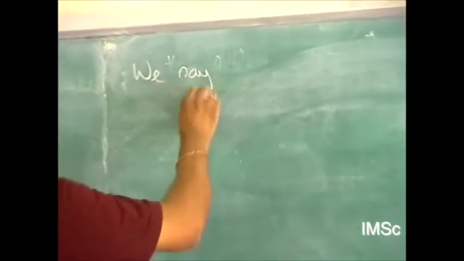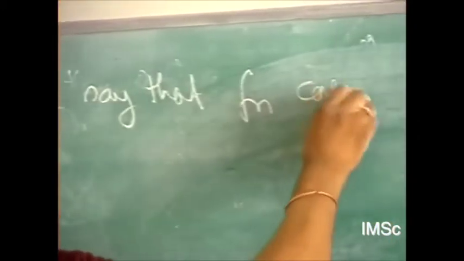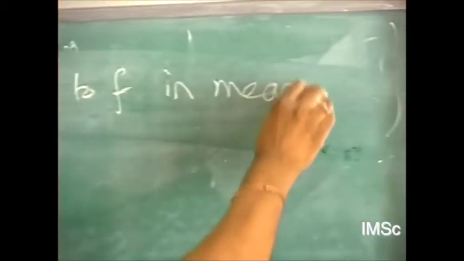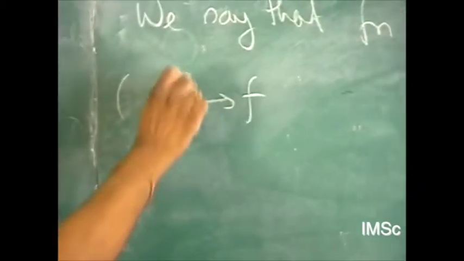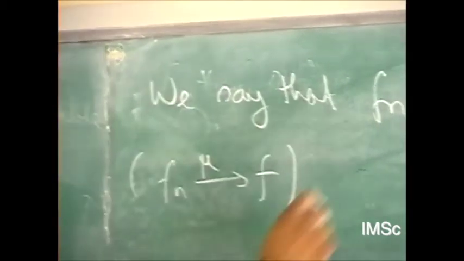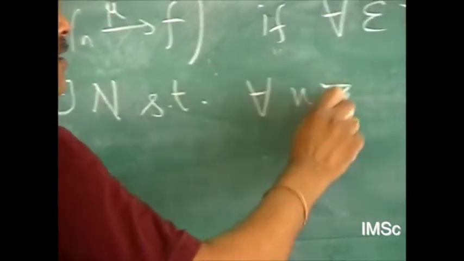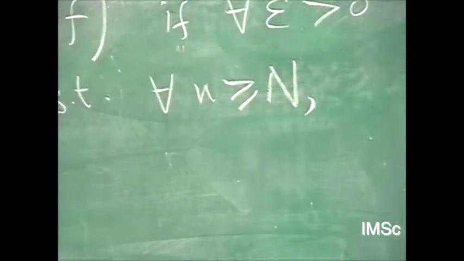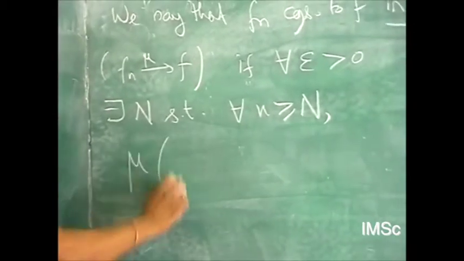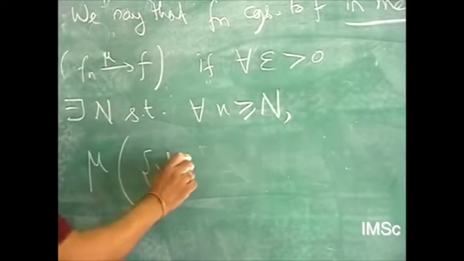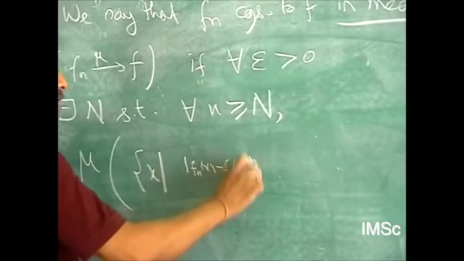So let me define that. So we say that f_n converges to f in measure if for every epsilon positive there exists an N such that for all n greater than or equal to N, the measure of the set of all x such that |f_n(x) - f(x)| is greater than or equal to epsilon is small.